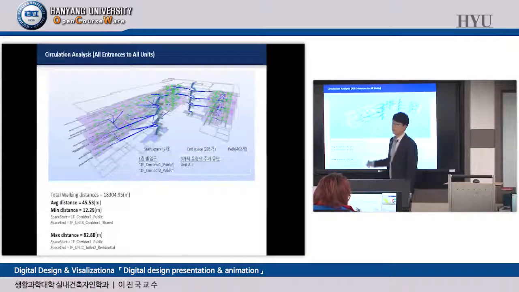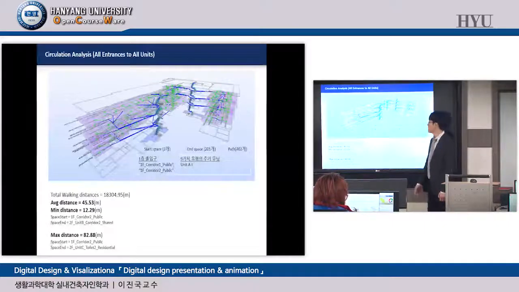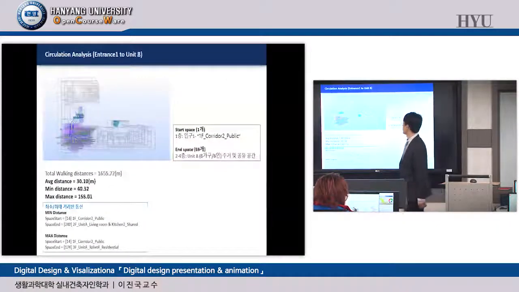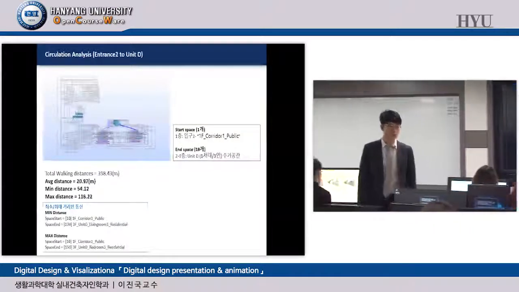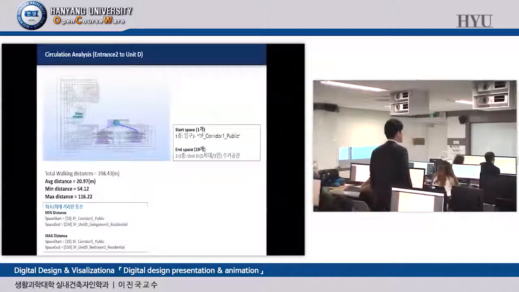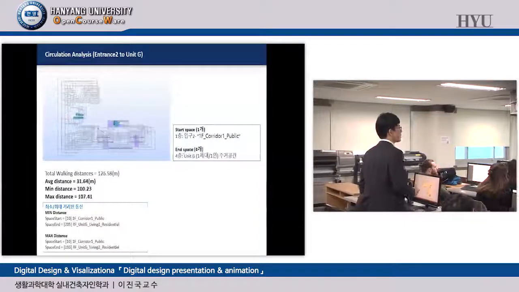So we need to at least measure this kind of walking distance based upon this BIM model. Very precisely modeled walking distance and so on, okay? So you can find out the circulation graph to represent this kind of representations, okay?